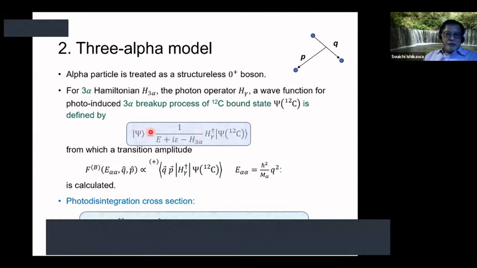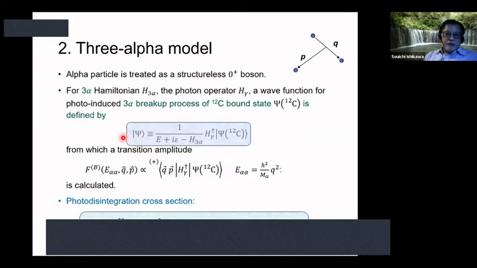Then we solve these wave equations using the 3-body Faddeev method. I will not talk about the calculation method in this talk, because there is no time for that. I just say I use Faddeev equations to solve the 3-body problem.